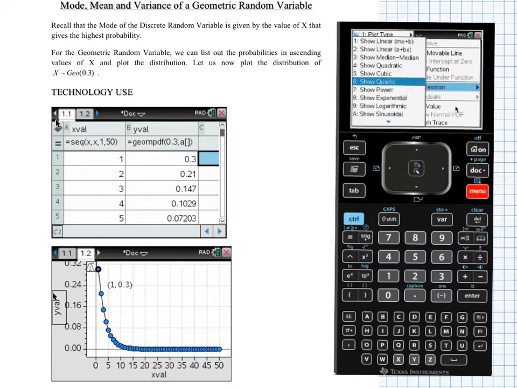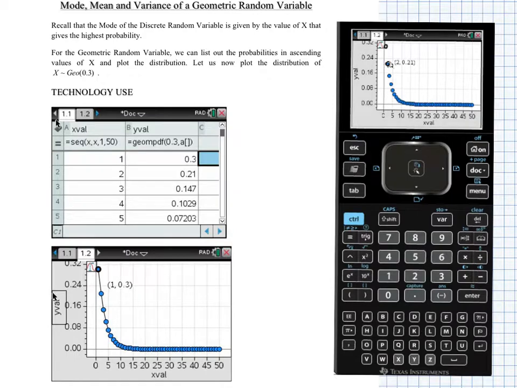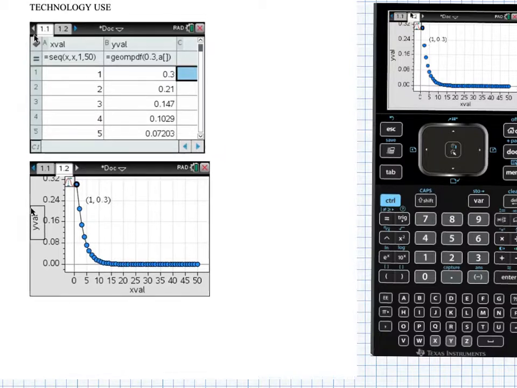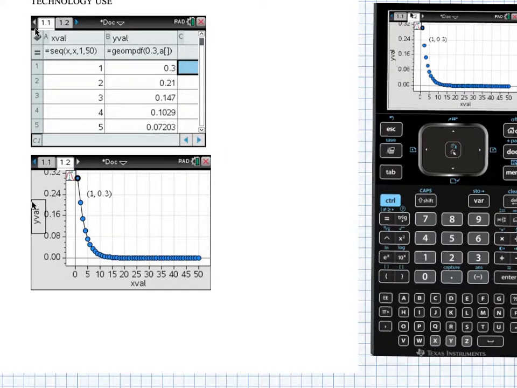And we choose analyze the graph there, so that we can find out the mode. And the mode is clearly 1, because that gives you the highest probability. As you can see, the probability when x equals 1 is p.